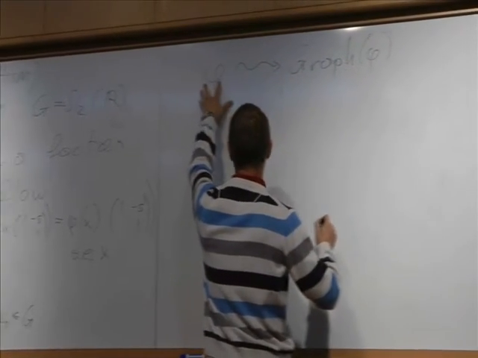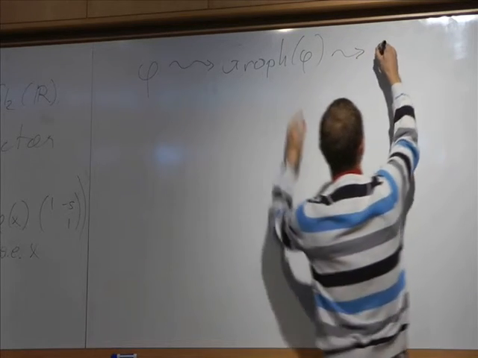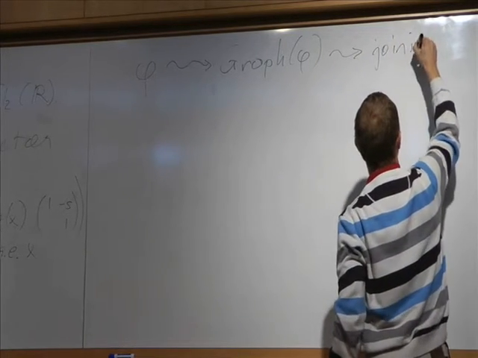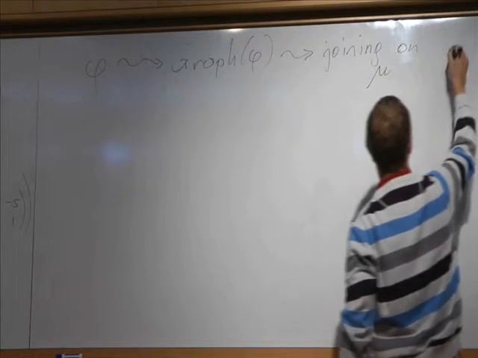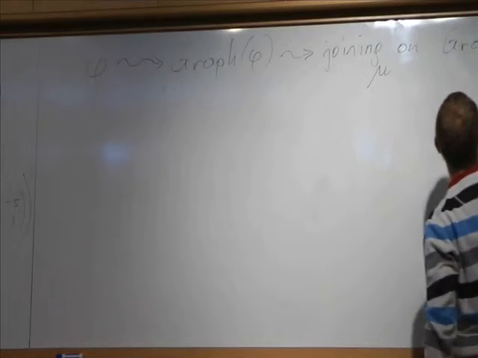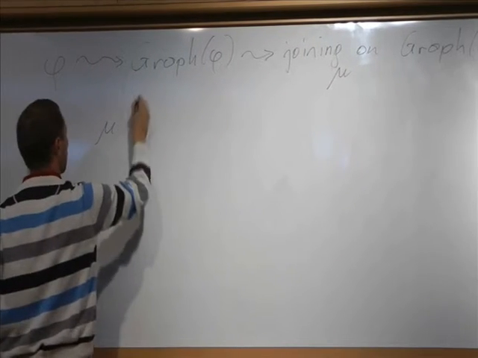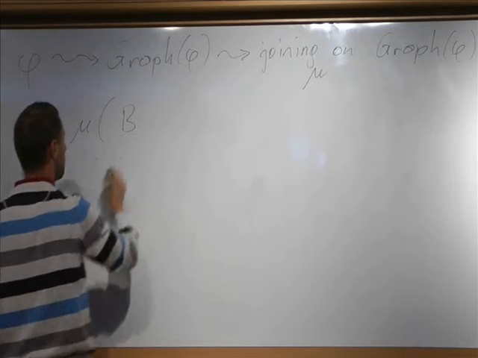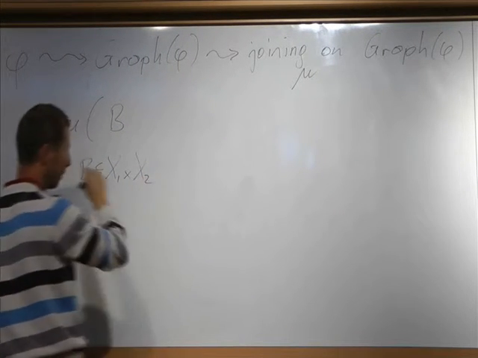So if you have a vector map, you can instead consider the graph, and you can instead consider the joining on the graph. Let me write mu on graph, and that's very easy to define. You define the measure of a subset B, B is now a subset of x1 cross x2.